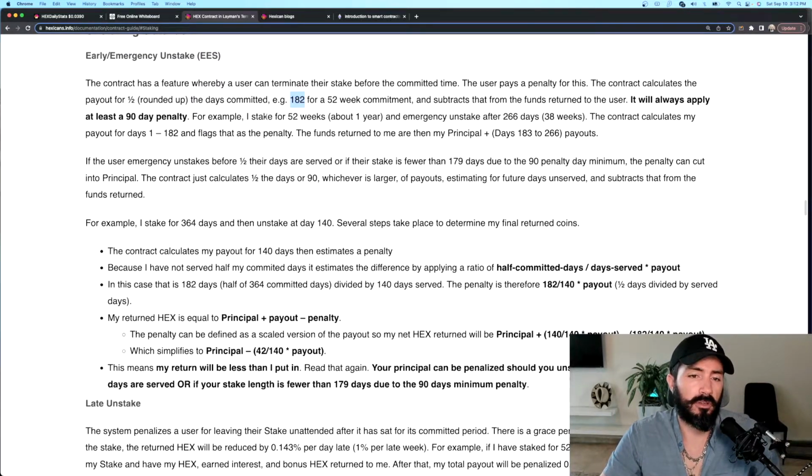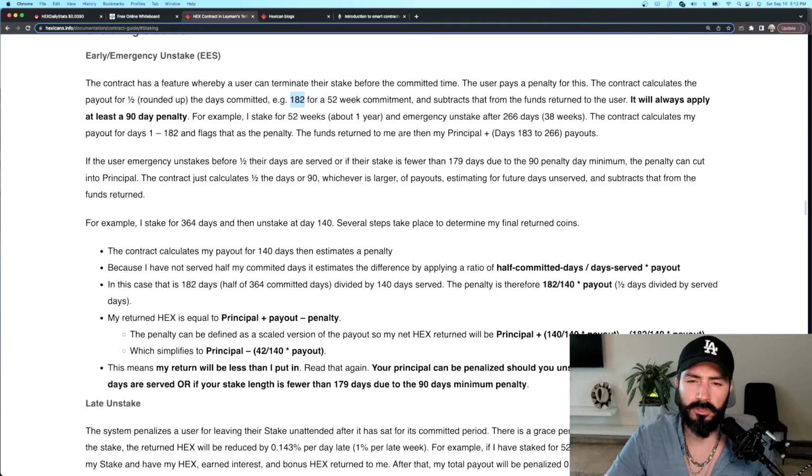For example, I stake for 52 weeks, about a year, and I end the stake after 266 days. So I commit 52 weeks and I only serve out 38 weeks, right? So the contract calculates the payouts for the first 38 weeks, which is 182 days. And that'll be the penalty. It flags that as a penalty.